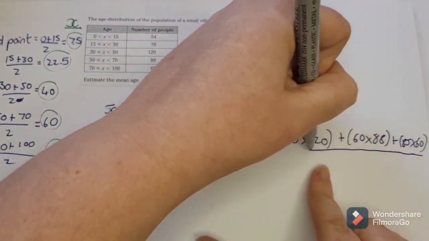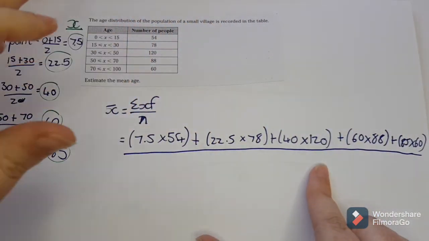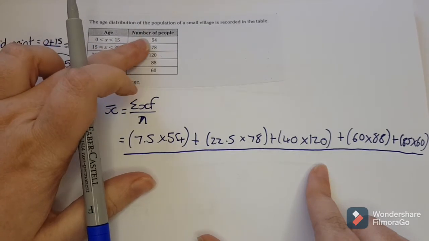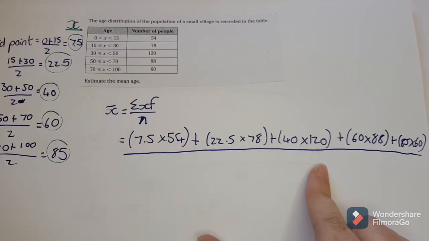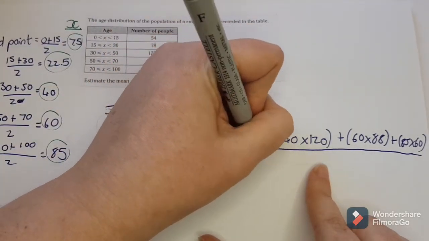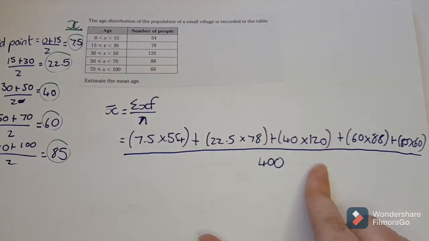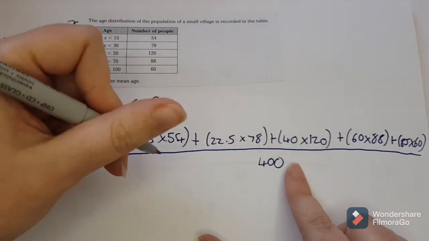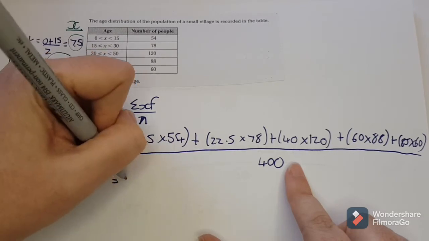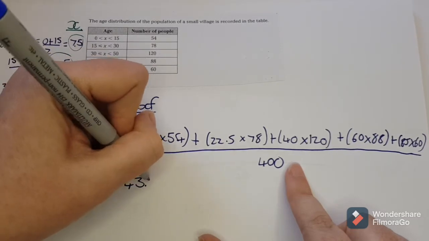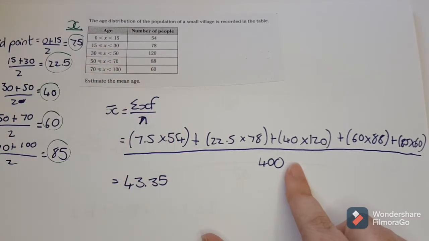Okay, and that is all divided by the n, which if I add up all of those frequencies together gives me my total number, and if you add those all up, you get 400, and when you type that in, you get a final answer for mean.